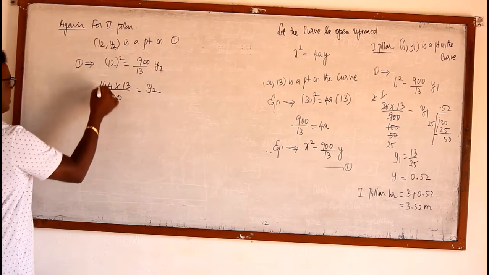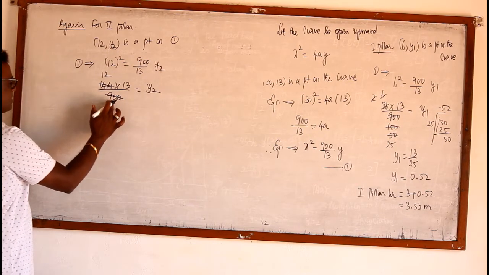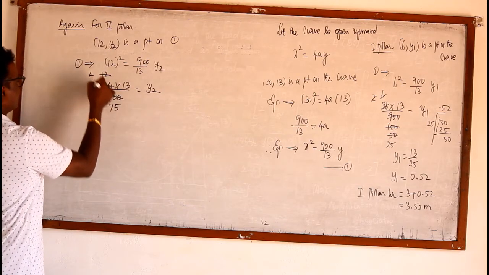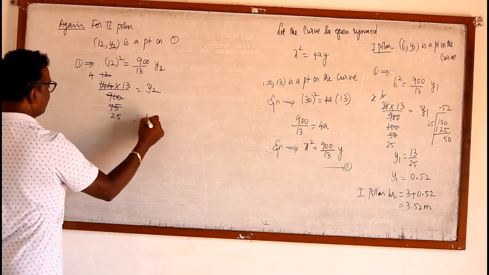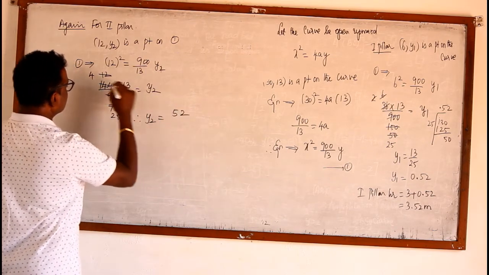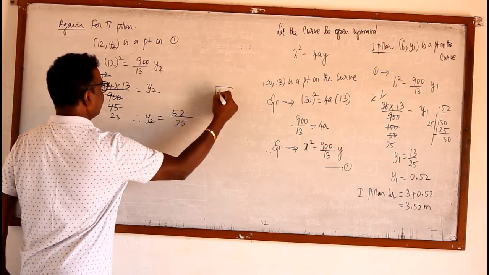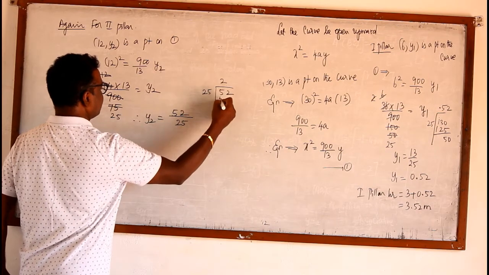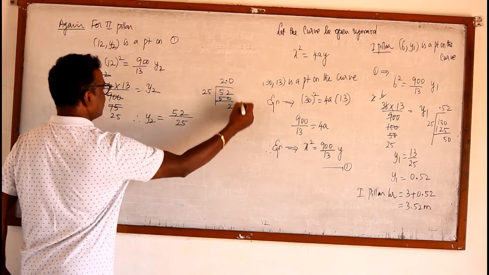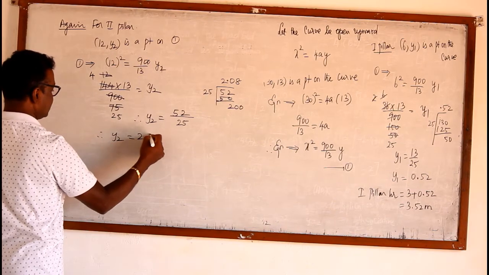I can divide by 12, and again divide by 3. Therefore, y2 is 4 times 13, which is 52, by 25. When we divide 52 by 25, we get 2.08. Therefore, y2 equals 2.08.